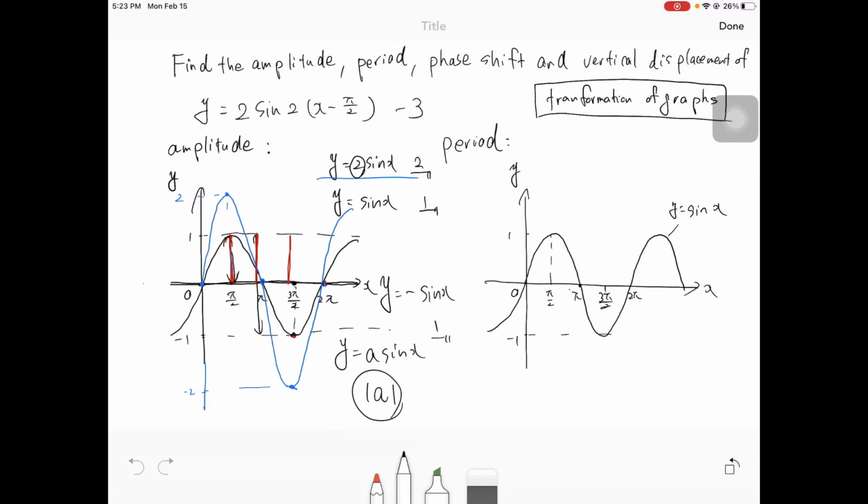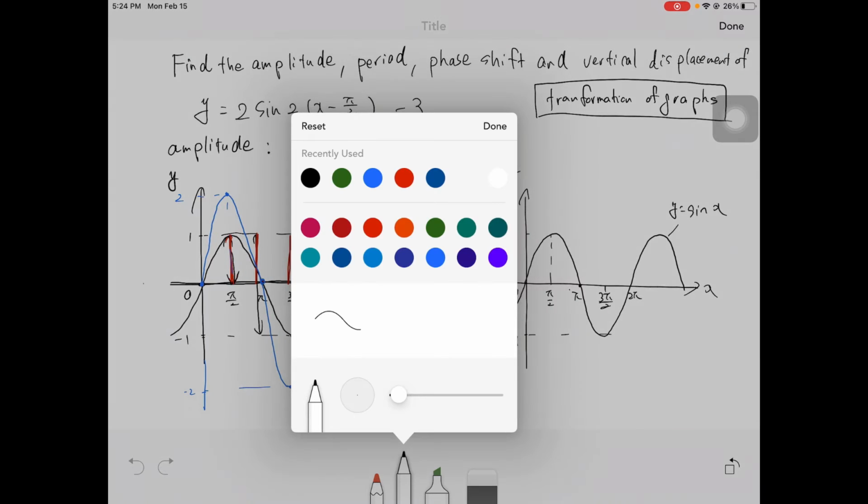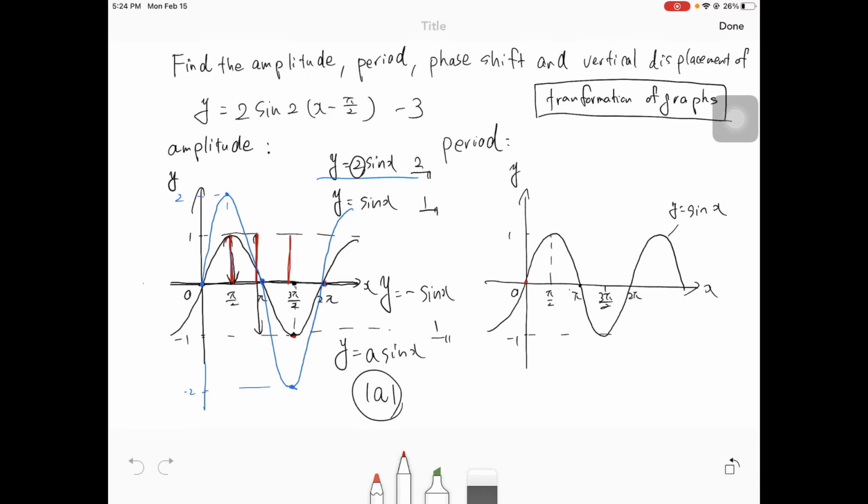Okay, next let me explain about period. Again, I sketched the graph of y equals sine x here. What is period then? Period is the length of the small interval that contains exactly one copy of the repeating pattern. Let me start it here.